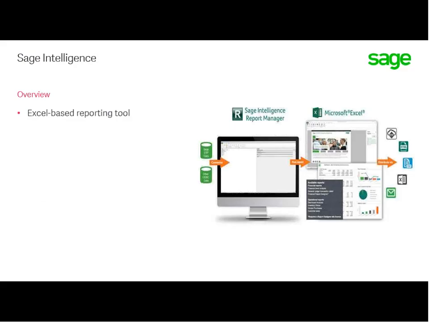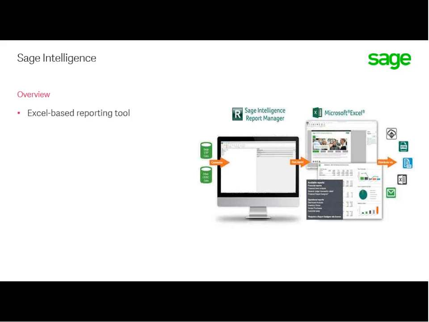So let's take a step back and ask, what is Sage Intelligence? Sage Intelligence is an Excel-based reporting tool. Simple enough, right? All of your financial reports, and a few of the other non-financials, are available, and all of the reports are run out into Microsoft Excel.